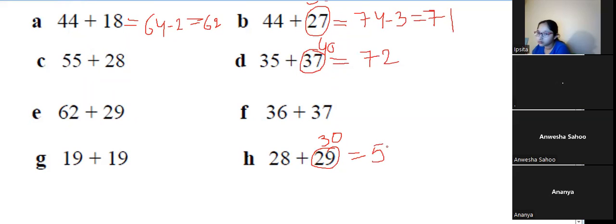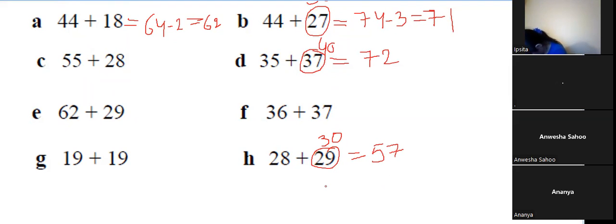Yes. So here we can consider 29 as 30, or instead of 28 we can consider 30.